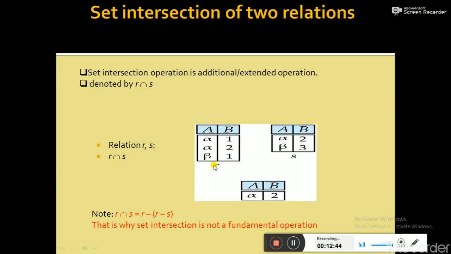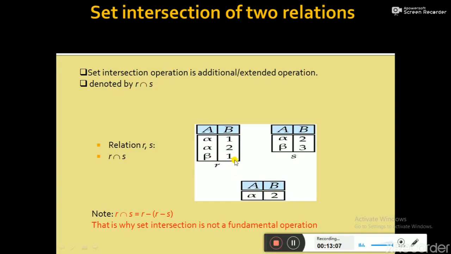So alpha 2 is present in R as well as in S. So R intersection S will store that value alpha 2, because the R intersection S operation will retain those tuples which belong to both relations, R as well as S. So alpha 2 is present in both R and S, so it will be in the temporary relation.